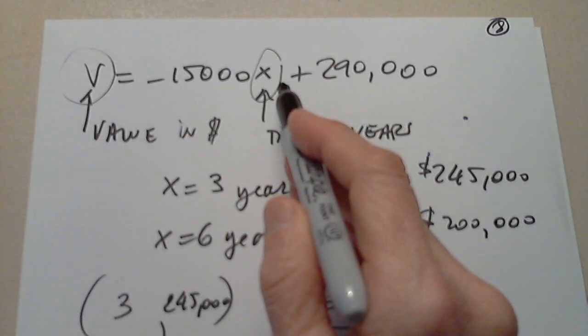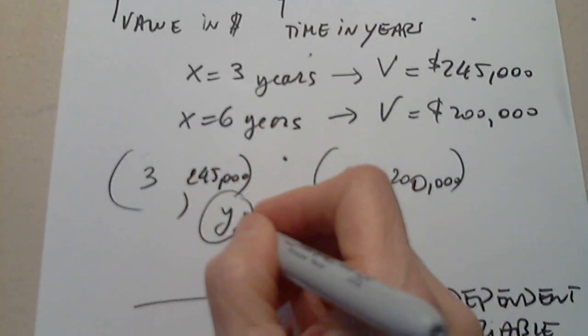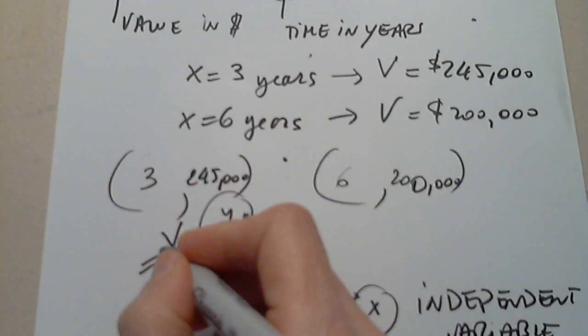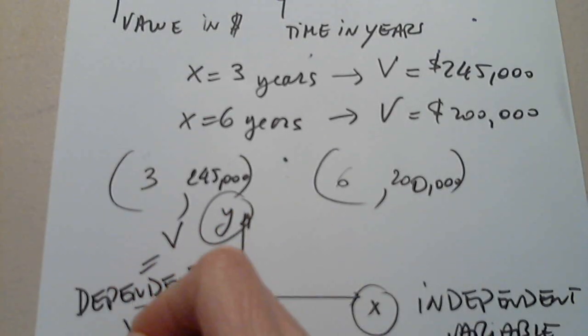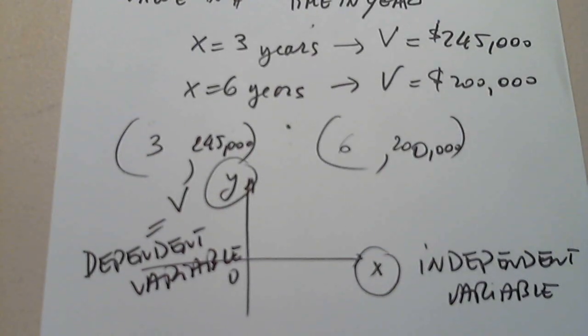Y is the dependent variable because it depends on x. When x changes, y changes. So anyway, this is v in our example. So this is the dependent variable. Okay, very good.